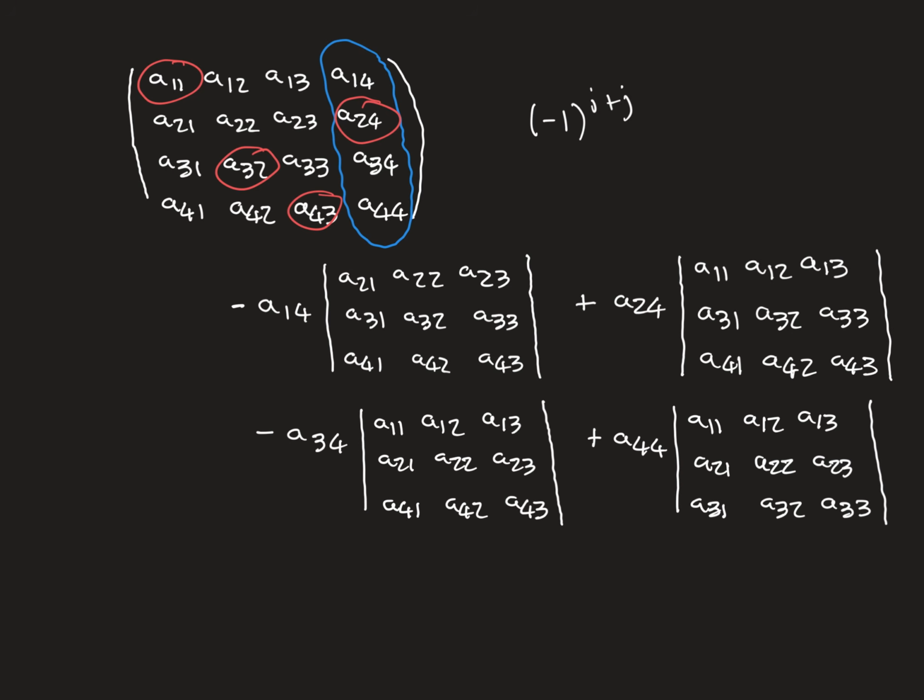So I think we will end there. I hope that I have managed to convince you of what I wanted to convince you, which is that the Laplace expansions are all going to give the same answer, whichever way you do it, whichever row or column you use to base your Laplace expansion around.